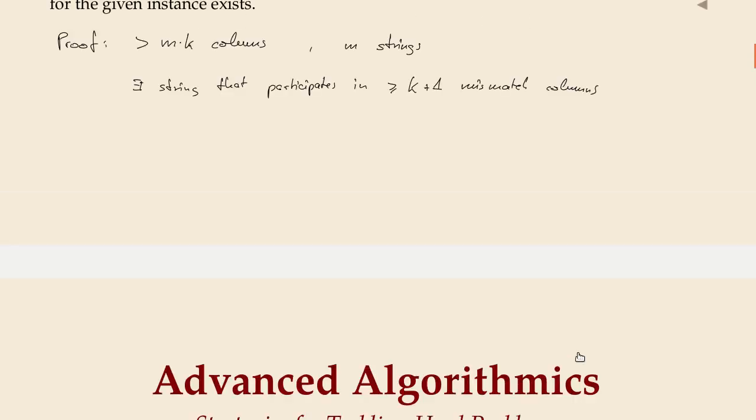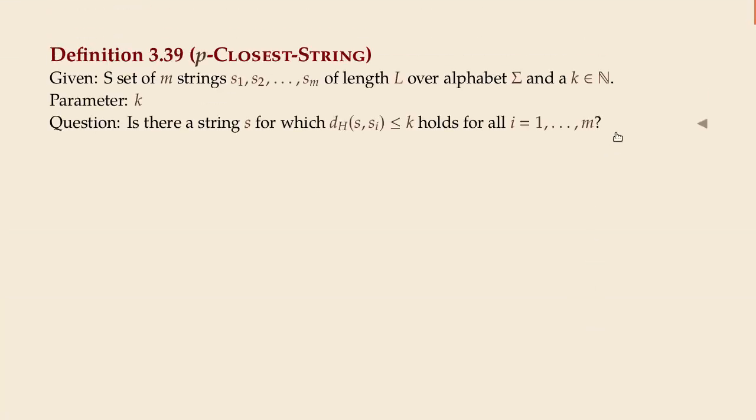Last time we started looking at the closest string problem, which is this problem. I'll just repeat the definition. We are given a few strings of the same length over some alphabet, and also a threshold number k. We try to find a consensus string, namely one that lies in between all those, so that it has Hamming distance at most k from any of these input strings.